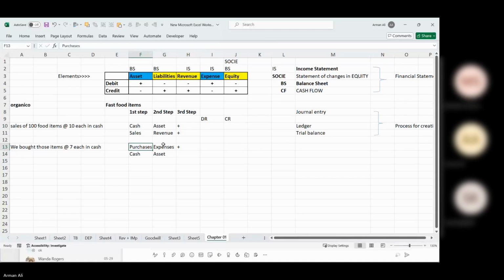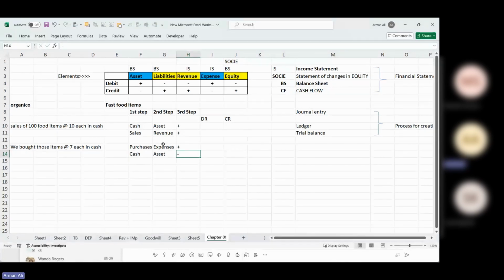Decrease. Correct, because cash is going out. When cash is coming in, it's increasing. So sales is also increasing because we are selling the item, so our revenue is actually increasing.